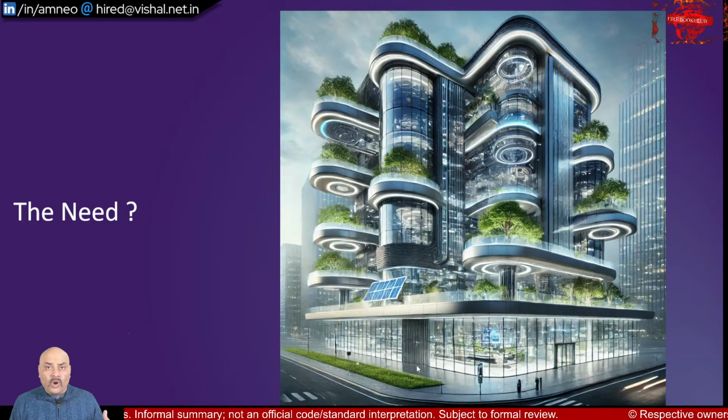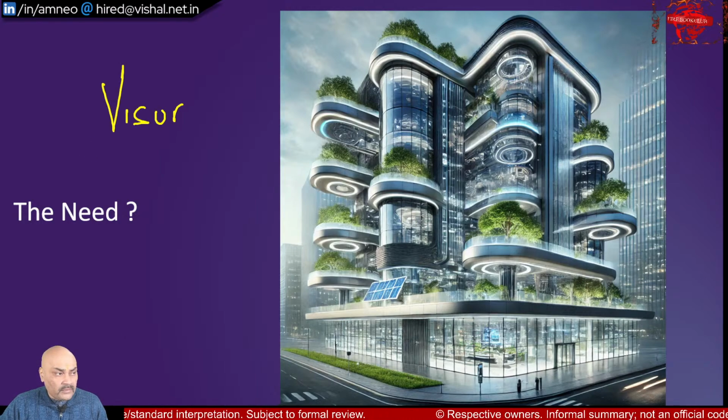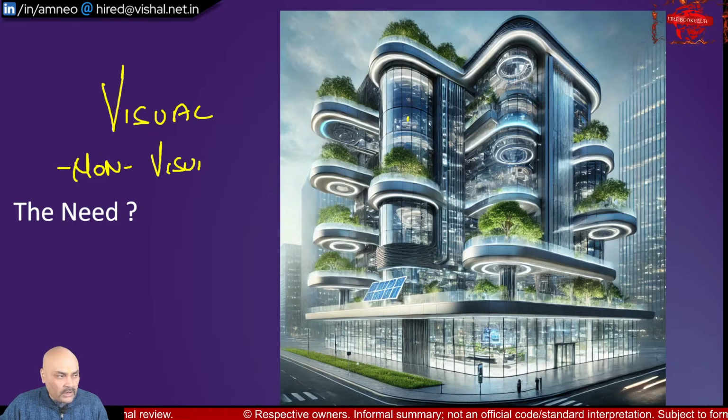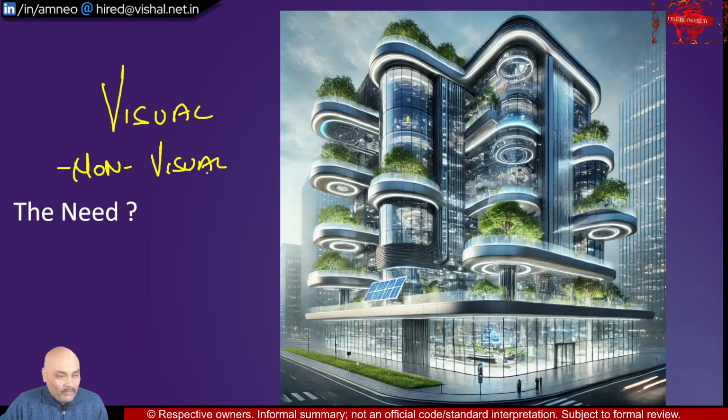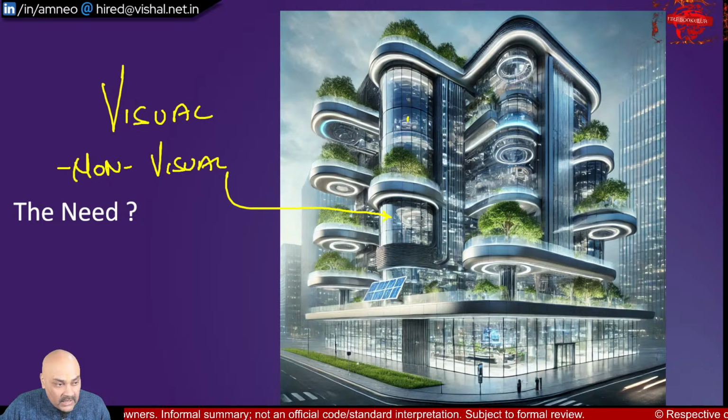We need to have a lot of information. Now, what you can see over here is number one is your visual information, right? Which is the glass. And then there is non-visual information. You will say, Vishal, what's that? I mean, come on. One is visual and one is non-visual. So the non-visual information is, what is the grade of this glass?